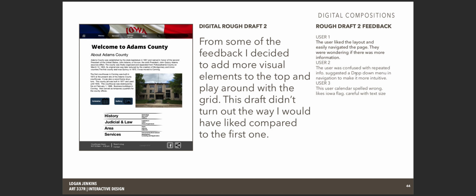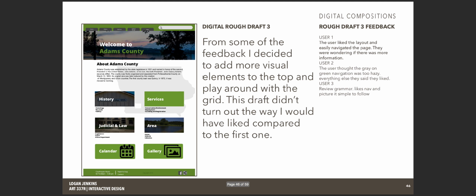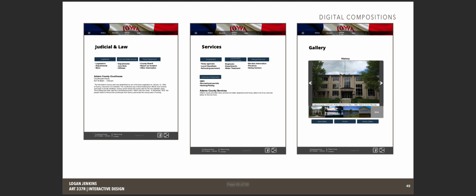A lot of the feedback here mentioned maybe using a drop-down menu, and some spelling issues. They wished there was more here. They felt it was very simple and almost too spaced out with all of these pages, and I was just adding in these visual things.